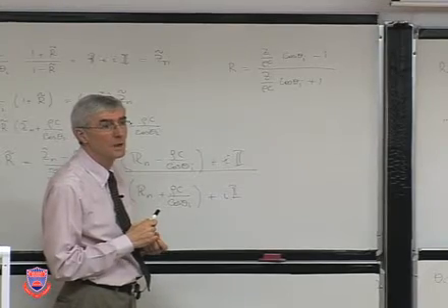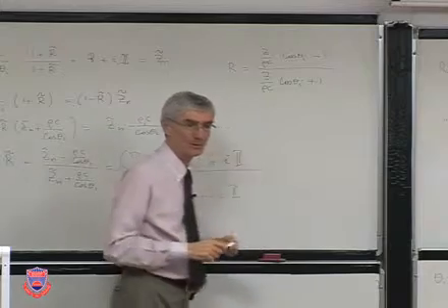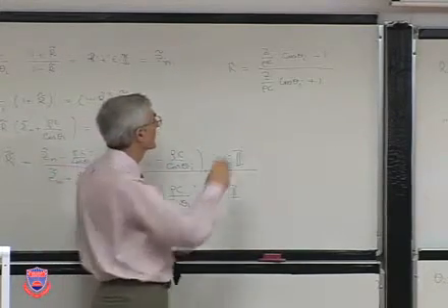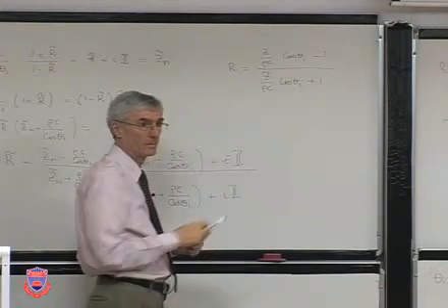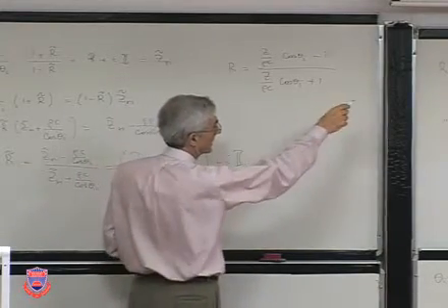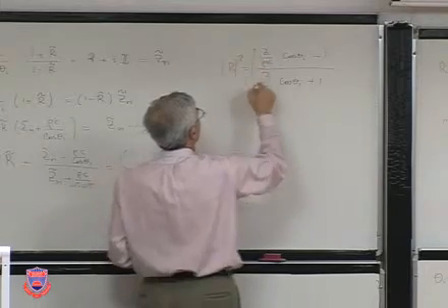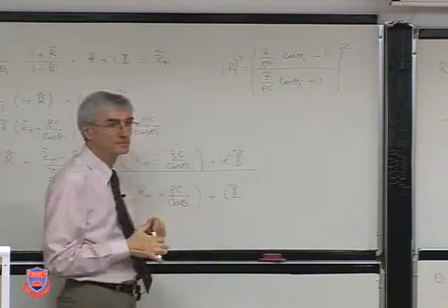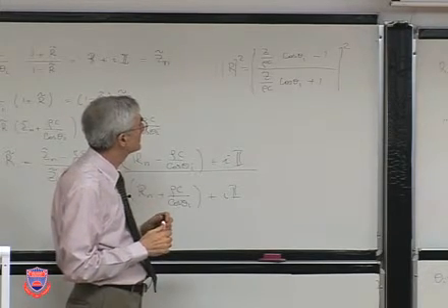This is a reflection coefficient, the magnitude squared of it. The square of it is the power reflection coefficient. And the minimum value of the power reflection coefficient should be equal to 0.